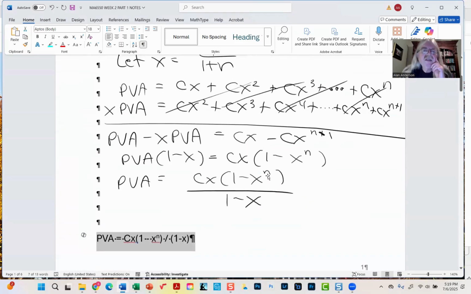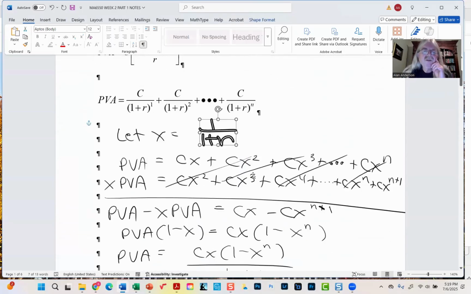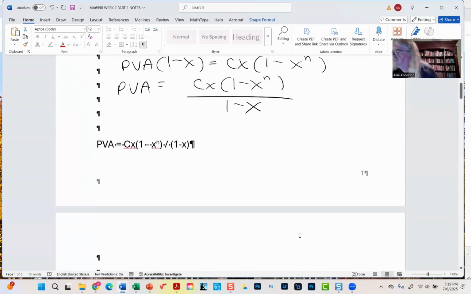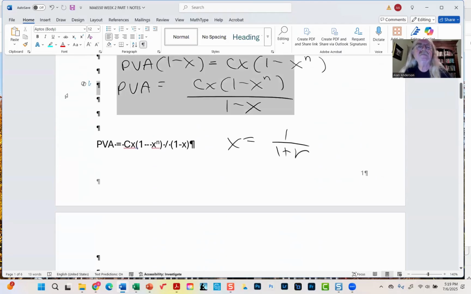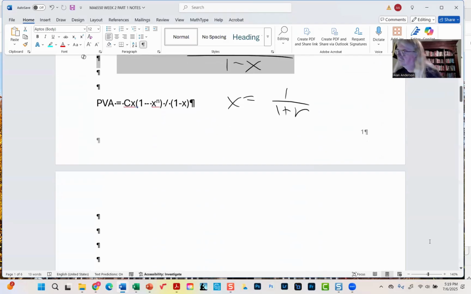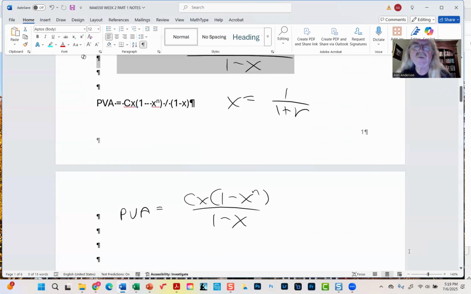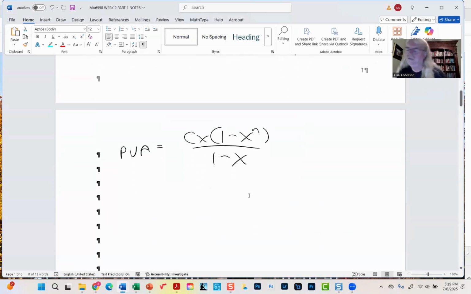Remember, we defined X to be 1 over 1 plus R. So that means what we actually have here is this. All the X's will be replaced with 1 over 1 plus R.